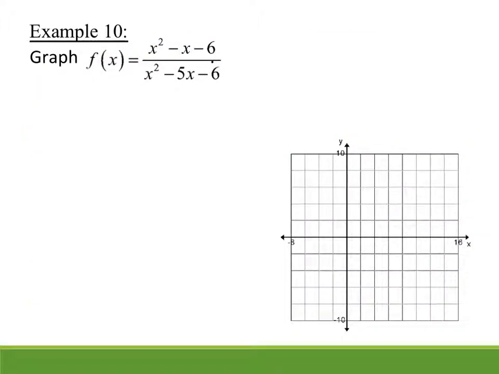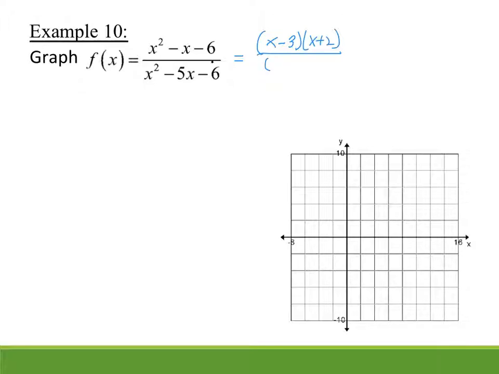So here's our first example. We have the following: x squared minus x minus 6 divided by x squared minus 5x minus 6. So I'm going to factor this. This is x minus 3 times x plus 2 on the top.